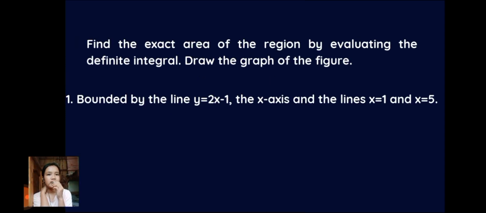Okay, so the next is we're going to find the exact area of the region by evaluating the definite integral, then draw the graph of the figure. So the first is we're going to find the area of the region bounded by the line y equals 2x minus 1, the x-axis, and the lines x equals 1 and x equals 5.